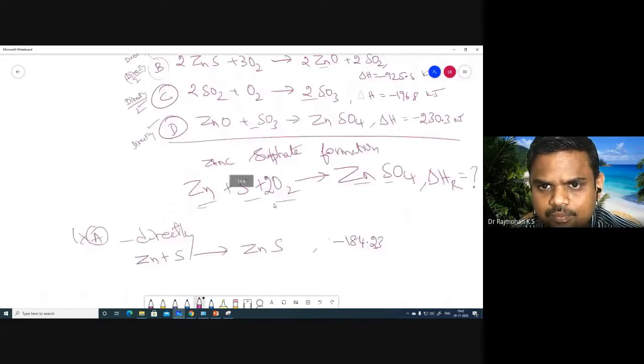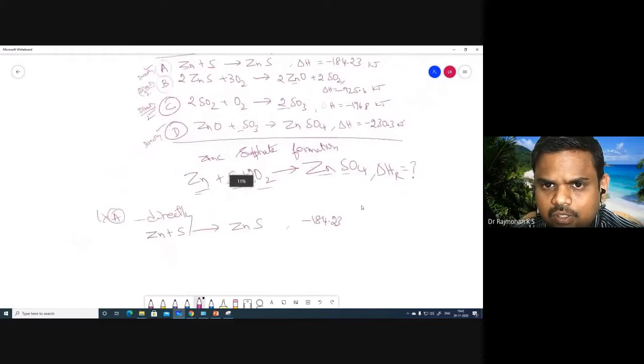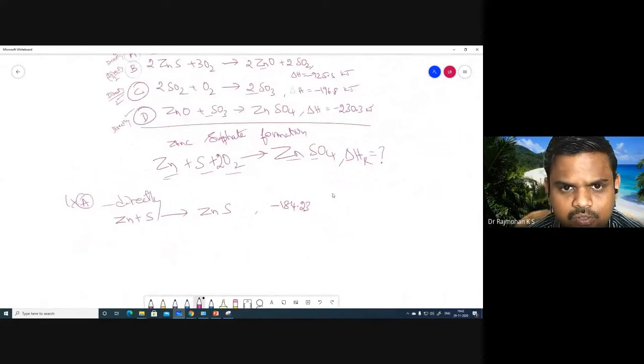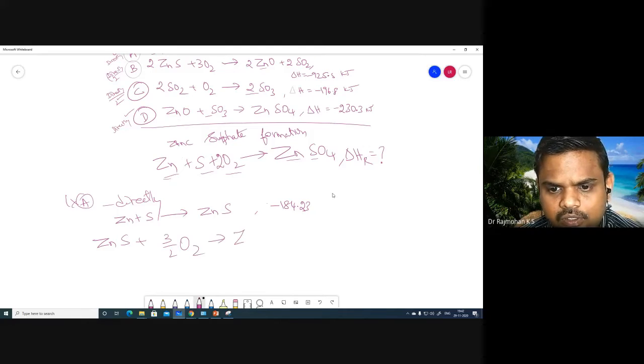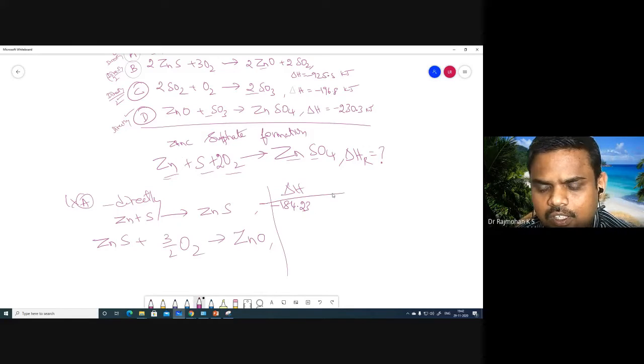Second is divided by 2. We can write zinc sulfide plus 3 by 2 oxygen gives zinc oxide. So here delta H is divided by 2, that is minus 925.5 divided by 2.